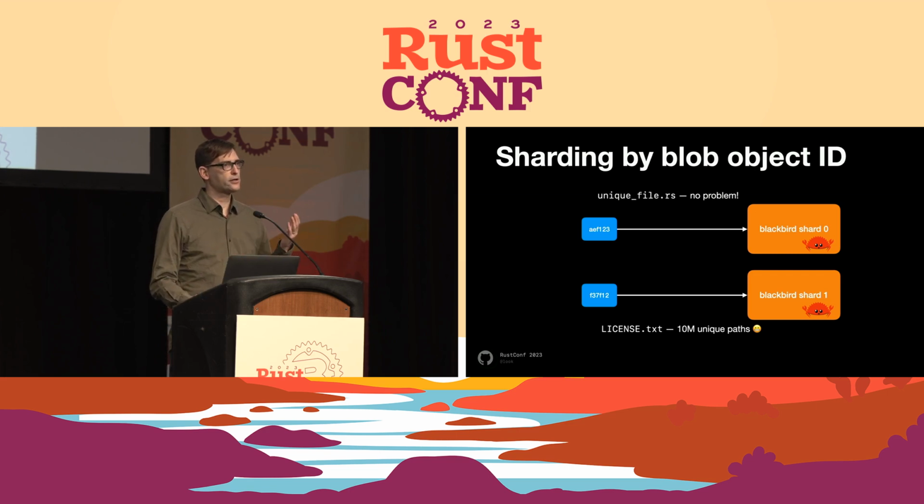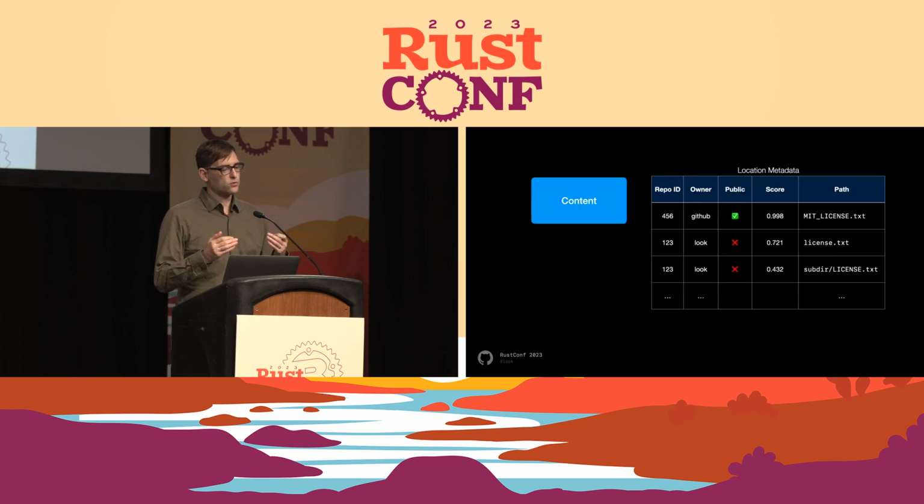However, if you have a file that's shared across many repositories, they all have the same content, they're all going to map to the same shard, and then we could have a problem. The way that this works internally, or the way it used to work anyway, is that we have our content and then we have a table essentially of metadata, which includes the path and then some information about the file.